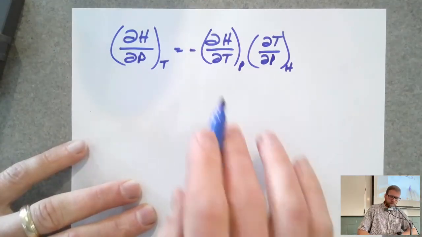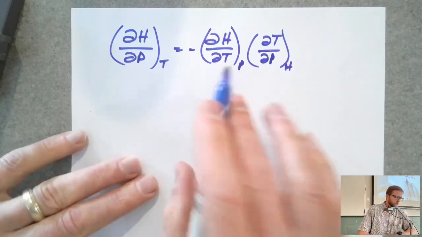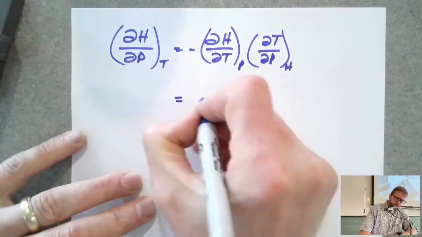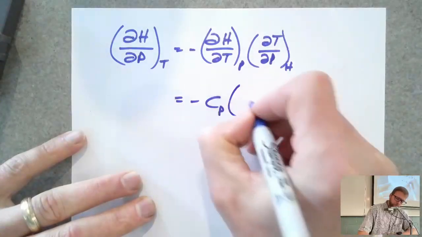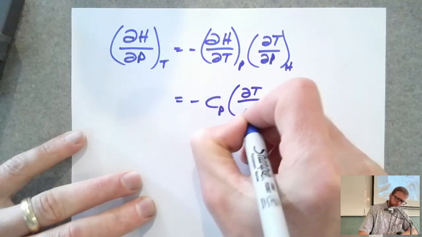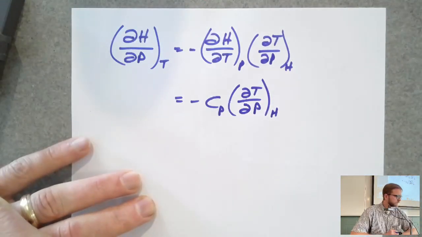And of course, this term right here is the heat capacity. So we can rewrite this as negative Cp like that, right?